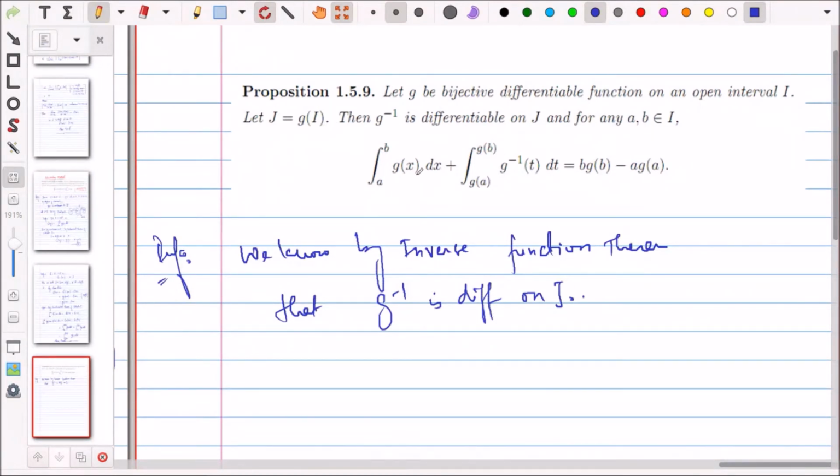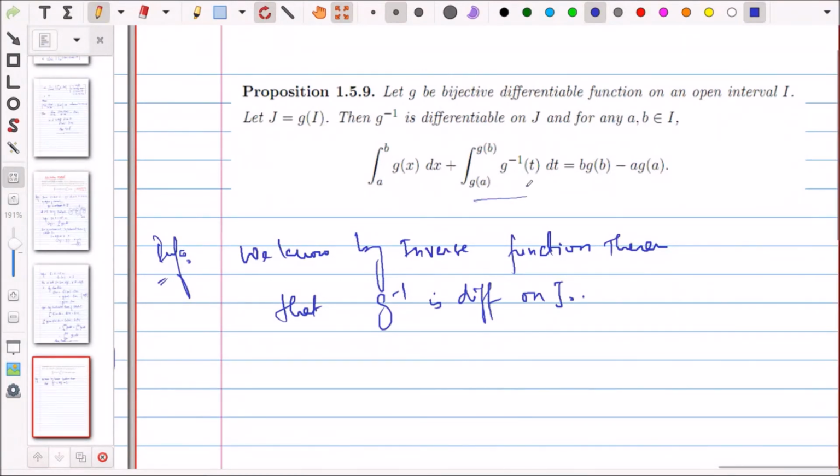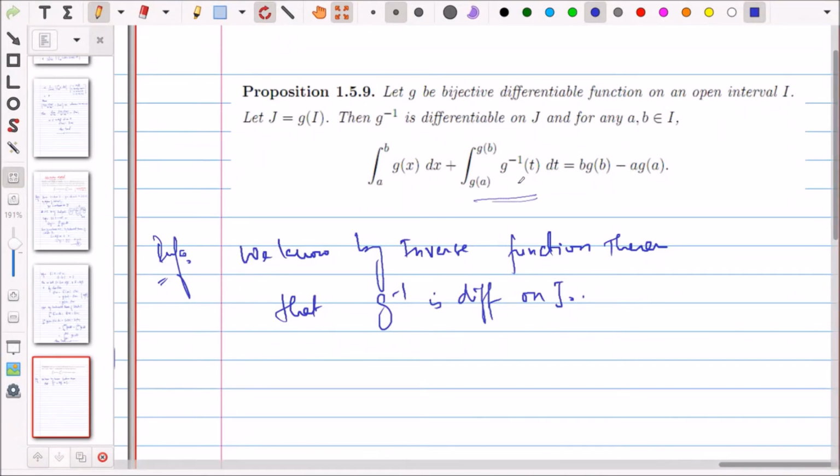So now we have to prove this. Okay, so we will start with this term and we will try to do some manipulation to bring it into this form. Is it fine? Yes, sir.